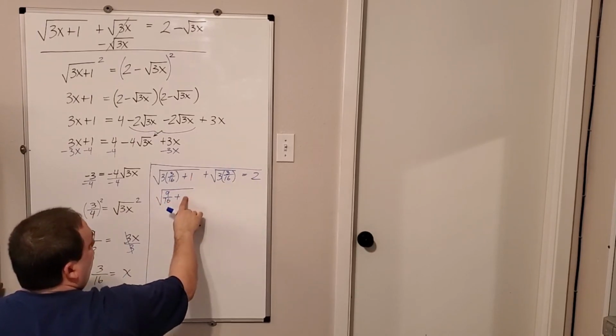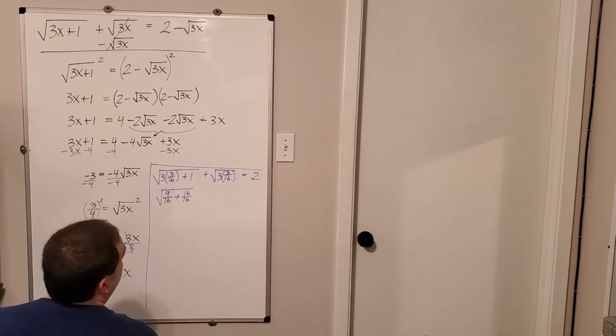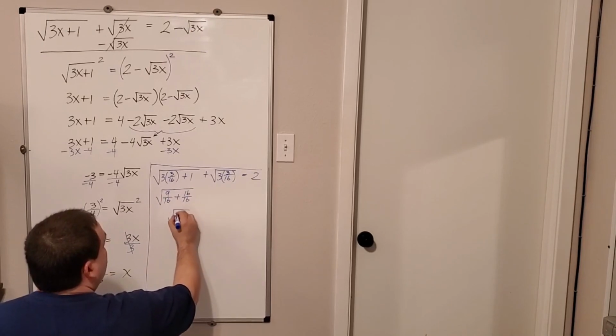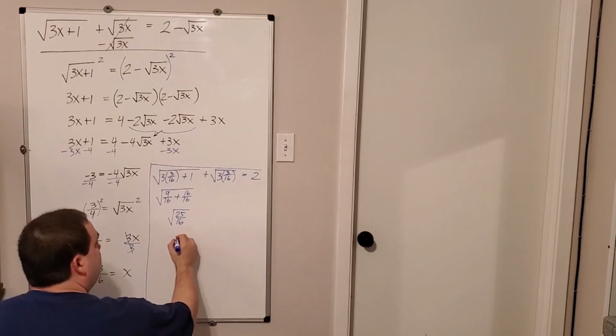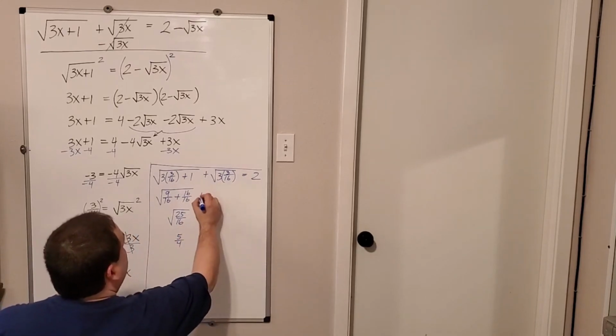And instead of putting 1 here, I'm going to put 16/16. Okay, so let's continue with just this piece for a moment. That's going to give me 25/16. And I can do both of those, right? Square root of 25, square root of 16. That's 5/4.